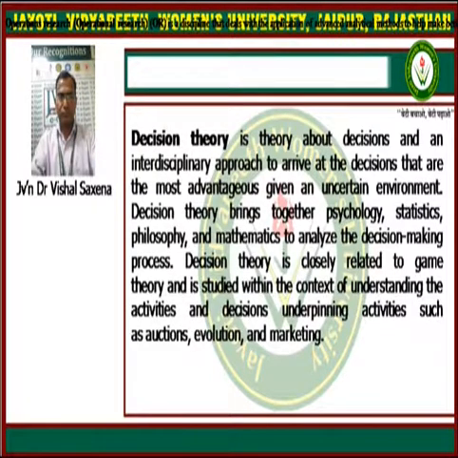Initially the decision theory is defined here. Decision theory is a theory about decisions and an interdisciplinary approach to arrive at decisions. So it can be taken as an interdisciplinary study to arrive at the decisions that are most advantageous given an uncertain environment also.